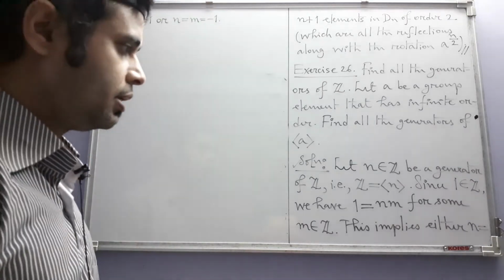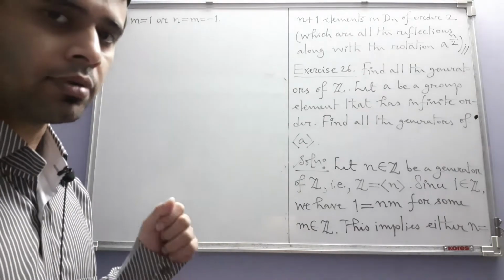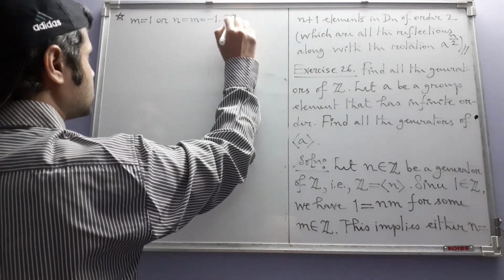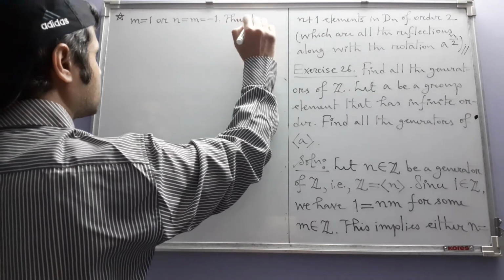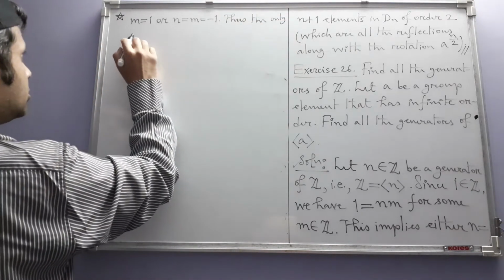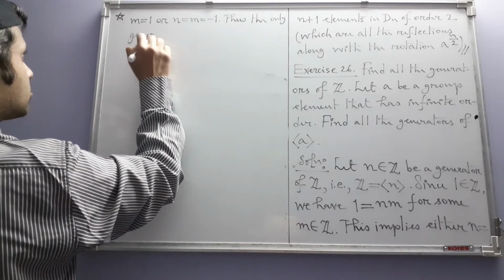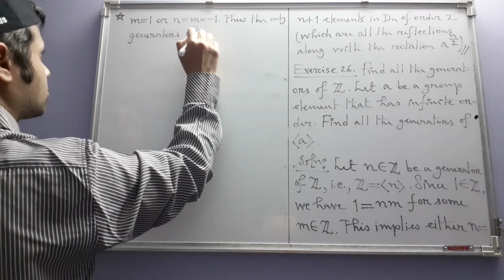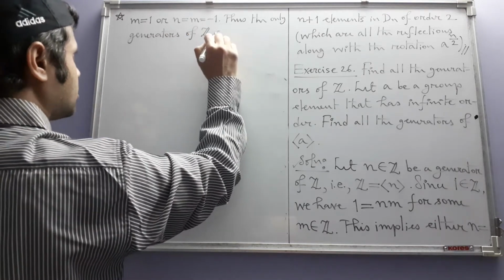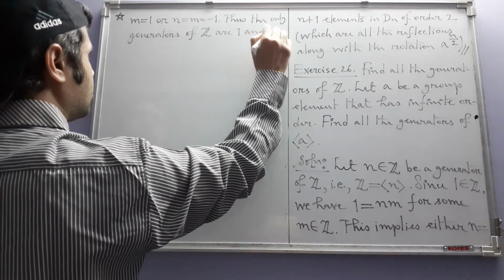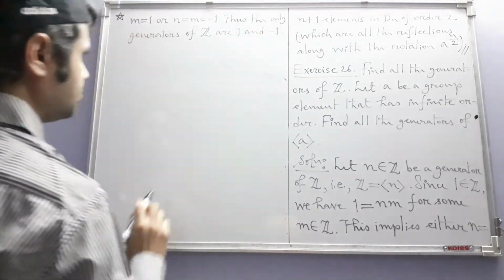So the point here is that n is either 1 or -1. Thus the only generators of this are 1 and -1.